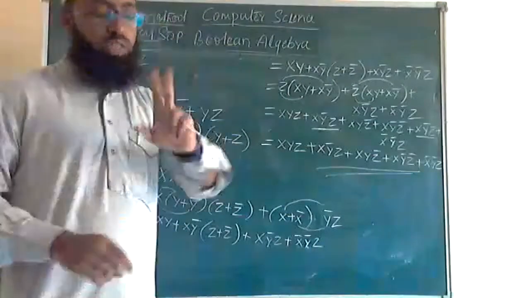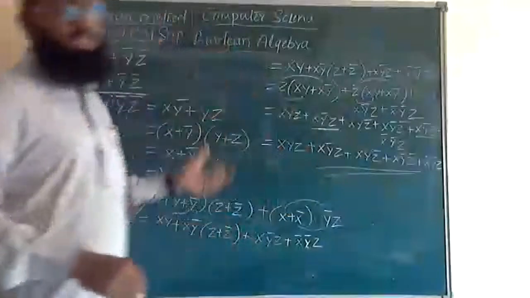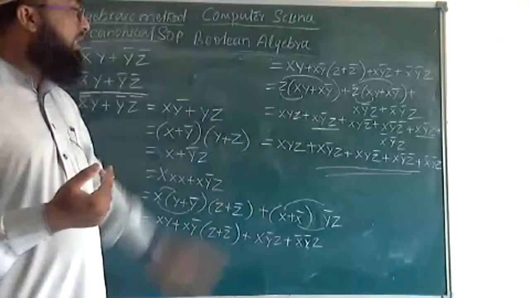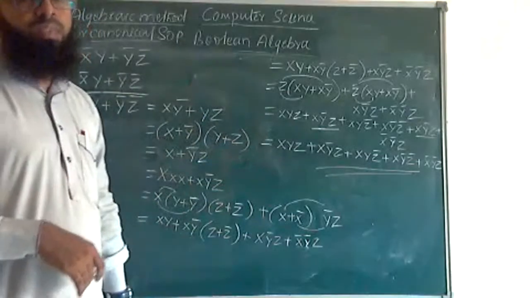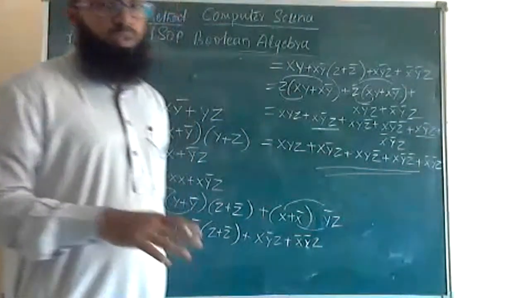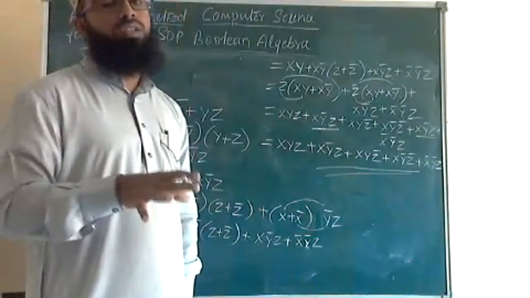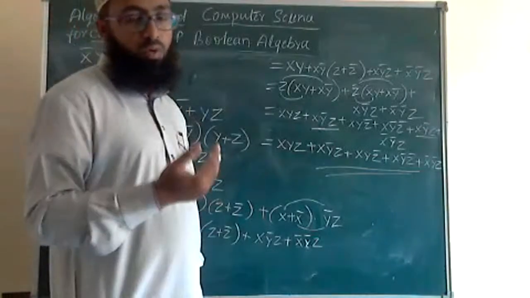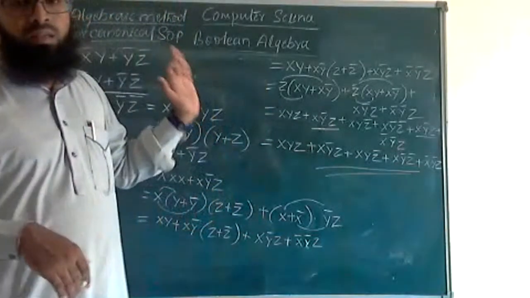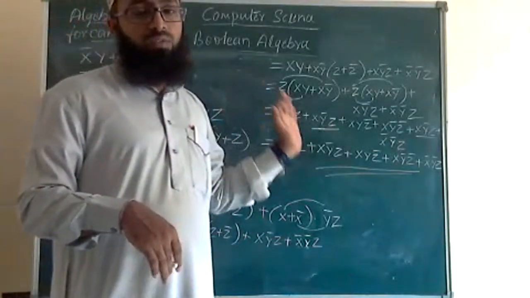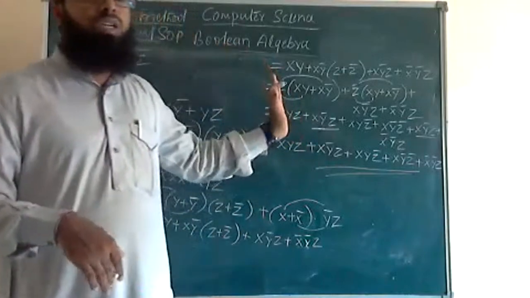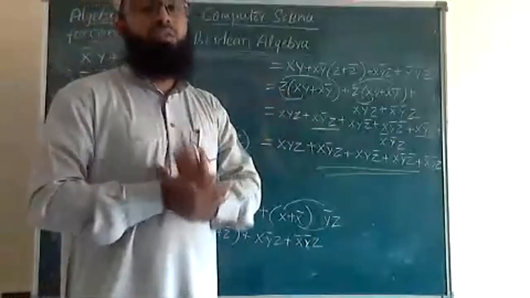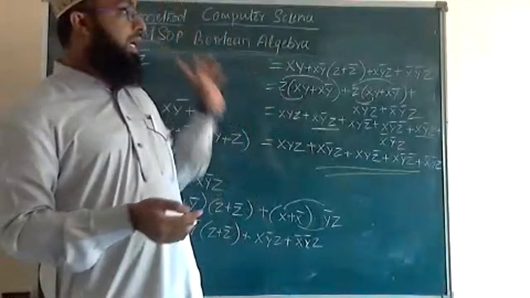So I've shown you two methods. One is the truth table method of getting the canonical SOP form, and the other is the algebraic method of getting the canonical SOP form. If they just give an expression and ask you to convert this expression into canonical SOP form, then it is left to you; in any method you can do, either by truth table method or by algebraic method.